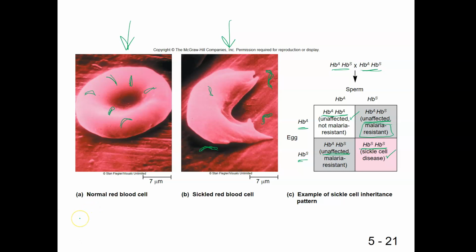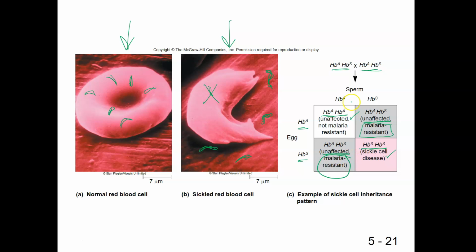And so when somebody gets malaria, red blood cells are destroyed, and the individuals develop a few different characteristics, but one of them is anemia. In the case of sickle cell anemia, the sickled red blood cell shape inhibits Plasmodium infection, so it confers malaria resistance.